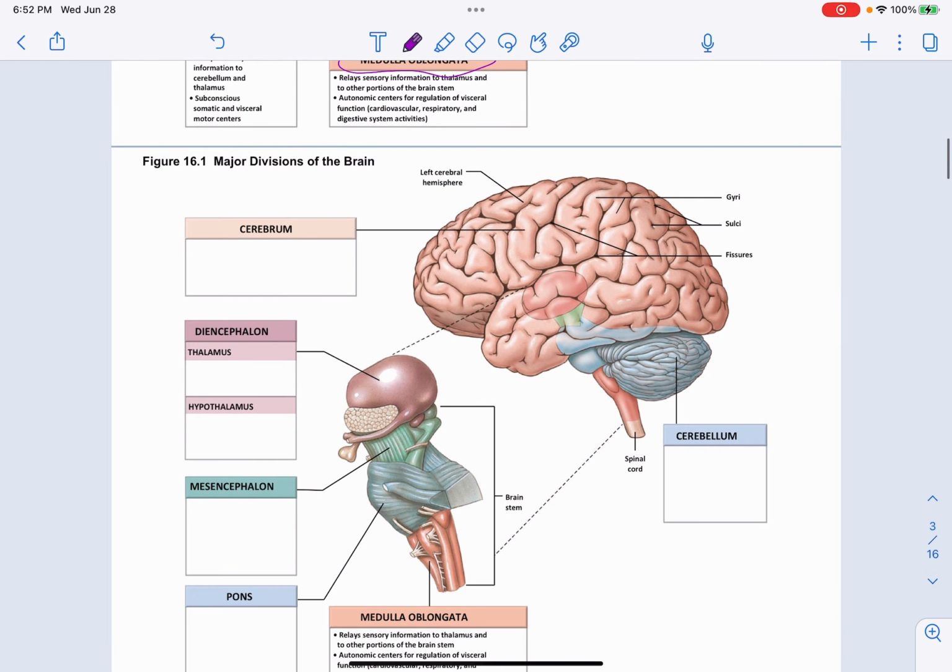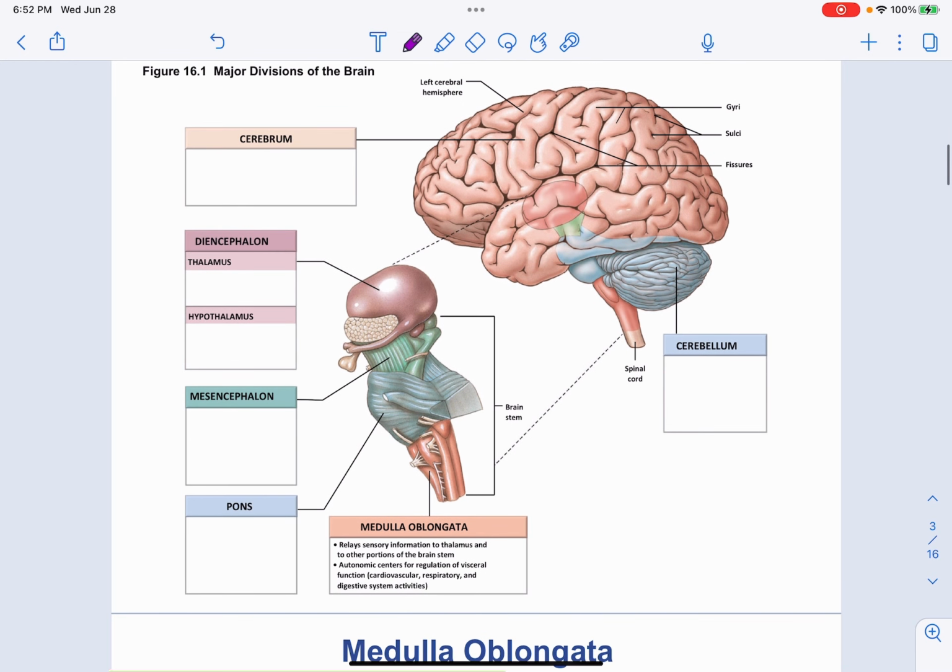All right, so let's start here with the medulla oblongata. Because of its location, it is really a relay center or transit center. There's a lot of traffic moving through the medulla oblongata on its way up from the spinal cord.